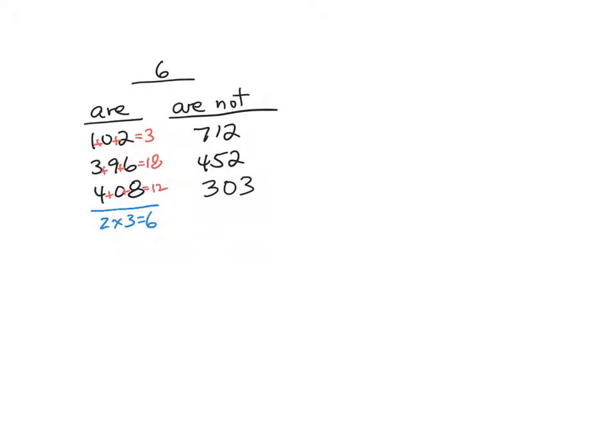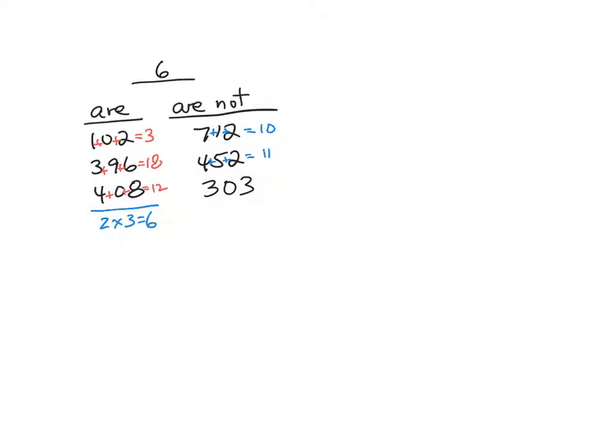When we take a look at the ones to the right, notice that the first two numbers, 712 and 452, are even numbers. But if I go through and add up the digits, 7 plus 1 plus 2, I get 10. 10 is not divisible by 3. If I add up 4 plus 5 plus 2, I get 11. 11 is not divisible by 3.